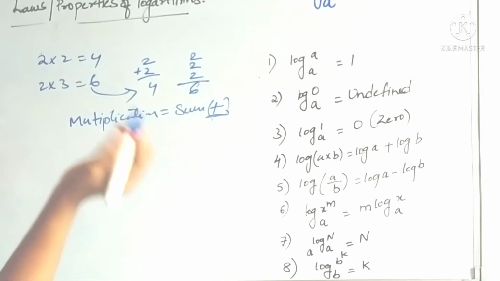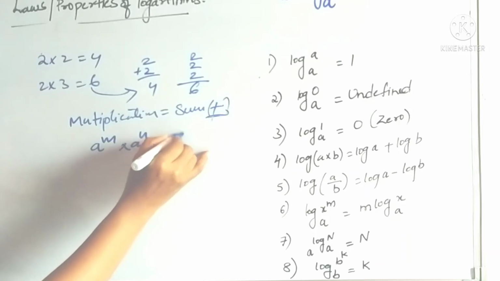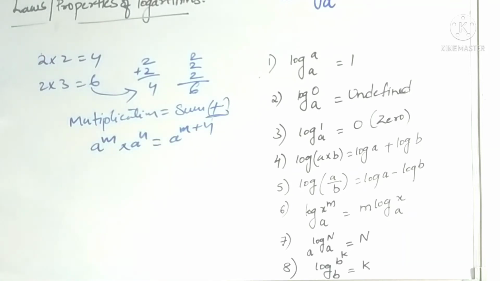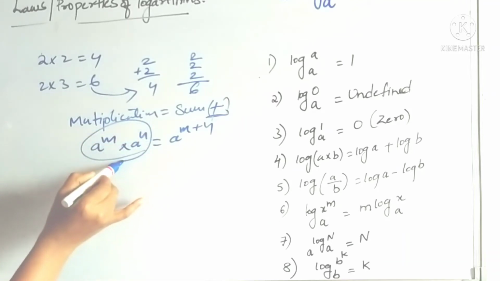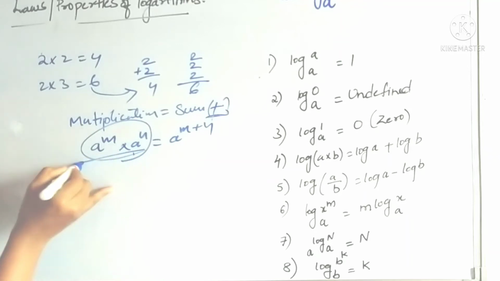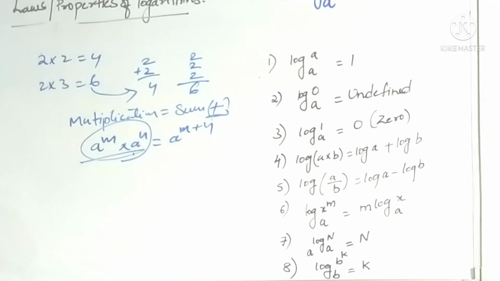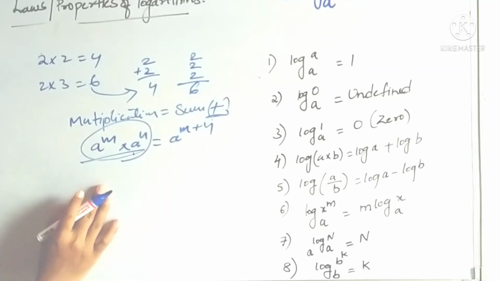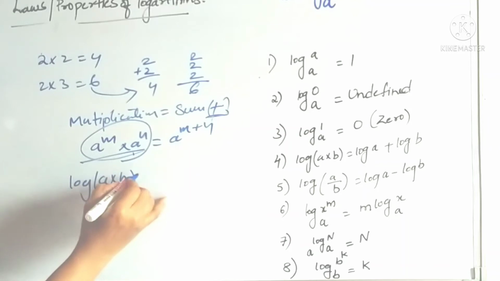If multiplication occurs and the bases are equal, the powers will be added. Similarly, log of a into b is equal to log a plus log b. Multiplication is successive addition.